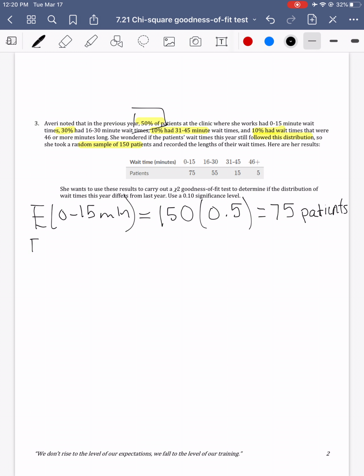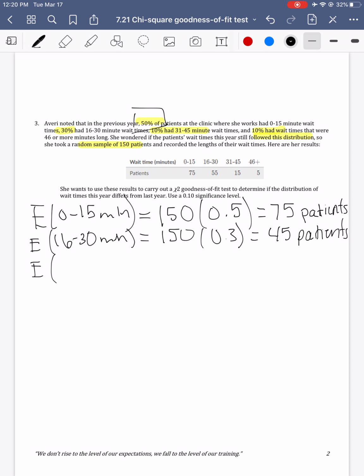For my expected value for the 16 to 30 minute range, I would have the same n value, 150, but now I'm multiplying it by 30% to get my expected value of 45 patients. For the 31 to 45 minute wait time, again, we take our n value, the random sample, and multiply it by the 10%, since we think 10% of patients wait between 31 and 45 minutes.